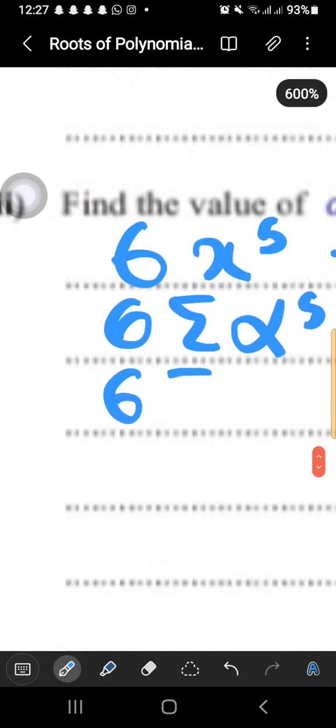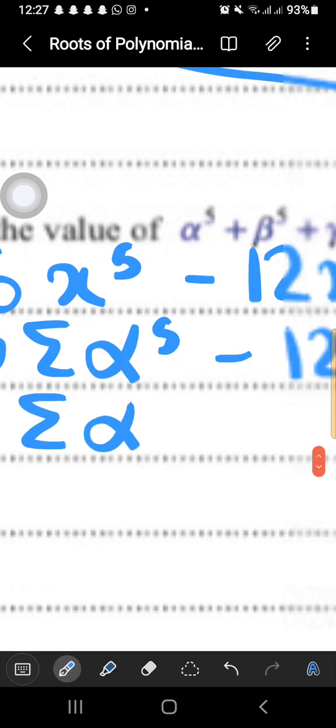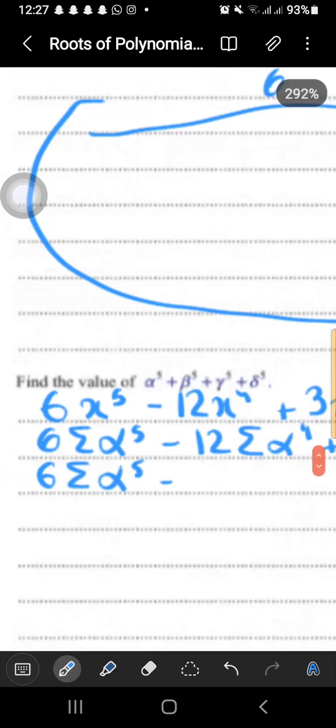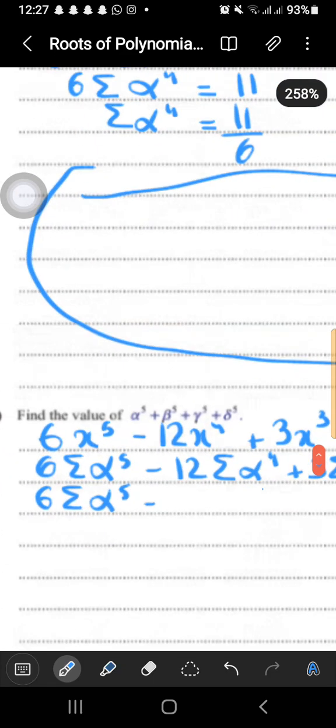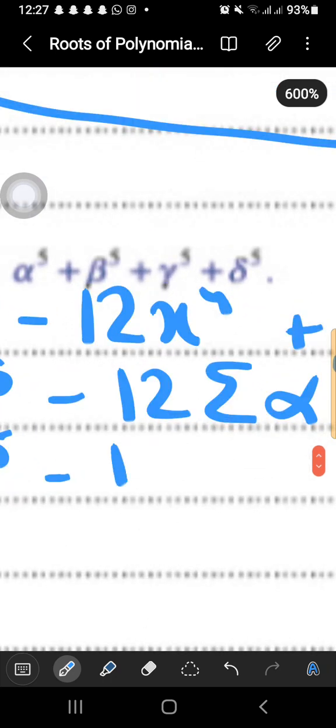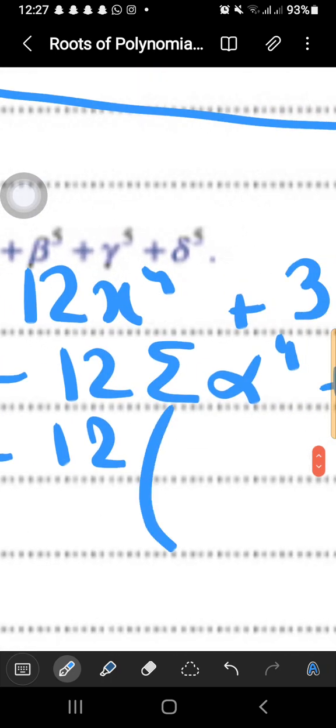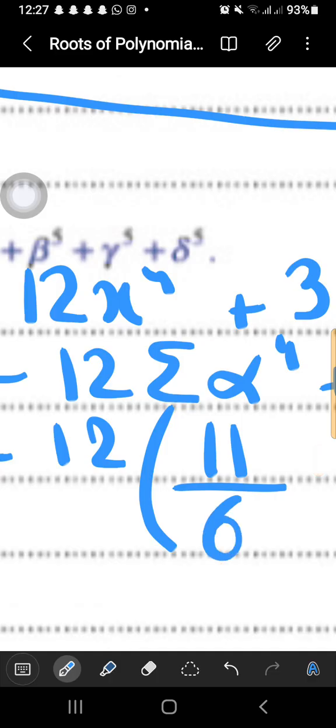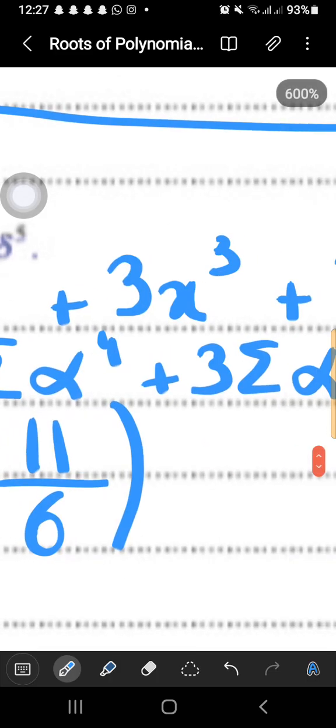Let's write it the same here because we have to find it. We know summation alpha power 4 is 11 upon 6, which we found in the previous part.